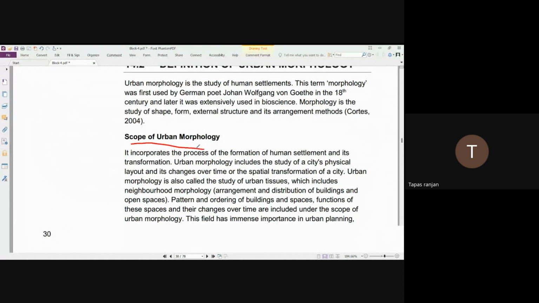If we'll be studying the urban morphology, it's going to give you different ideas about how the urban places are flourishing, how the urban places are developing, and what are the different types of planning that can be done to improve the urban development.